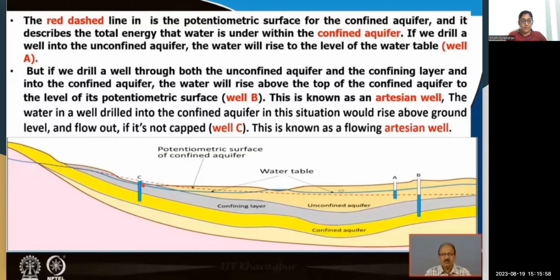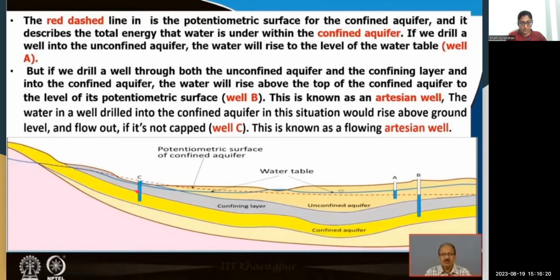Like I said, when tube wells or bore wells are inserted into confined aquifers, the water is either going to be higher than the water table or lower than the water table. If you see over here, well B is drilled into the confined aquifer and it has the water level lower than the water table, which is indicated by this blue line.